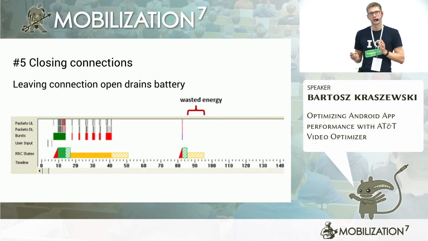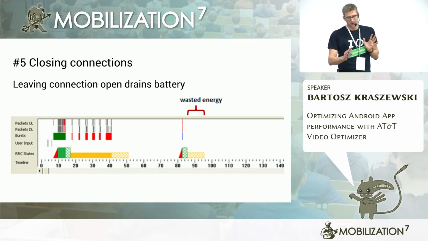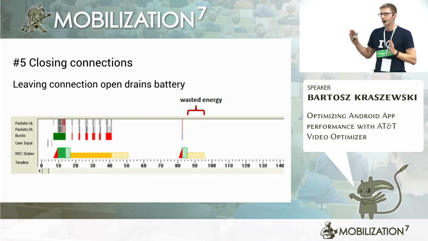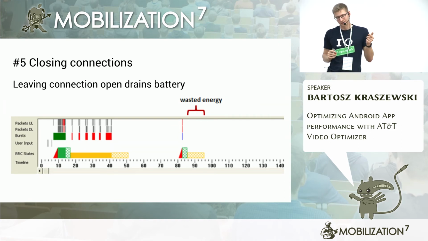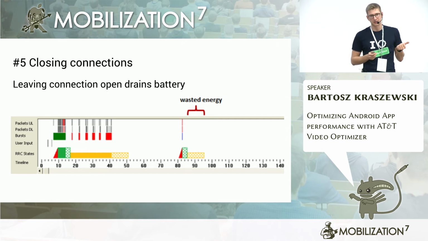Instead, if you are in control and you know that you're done with downloading data so far, you have to close the connection. Because each time we leave a connection orphaned like that, energy will be wasted, and AT&T Video Optimizer will tell you exactly how much energy in joules was wasted.